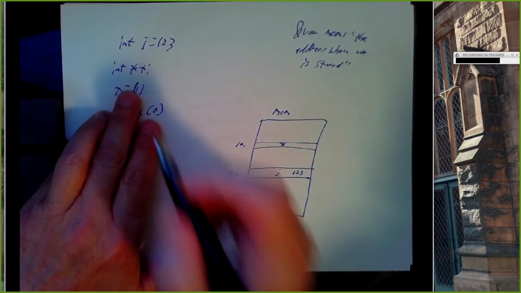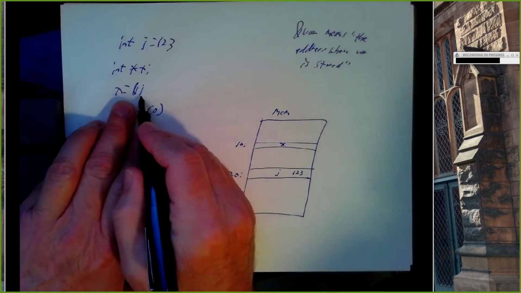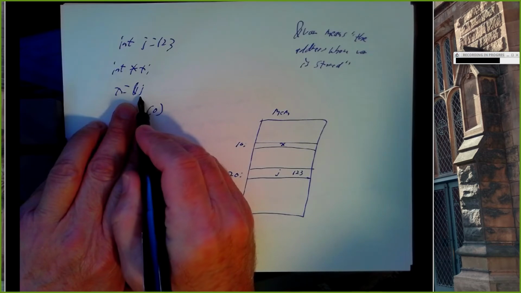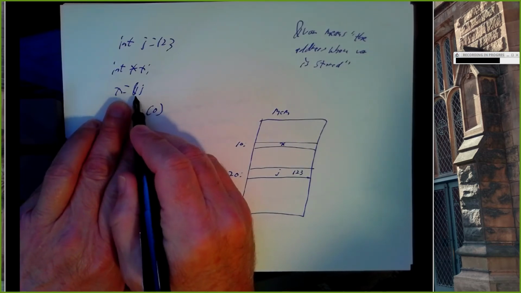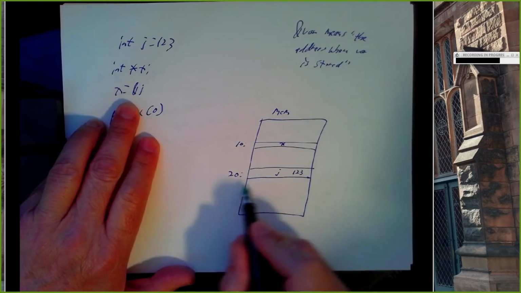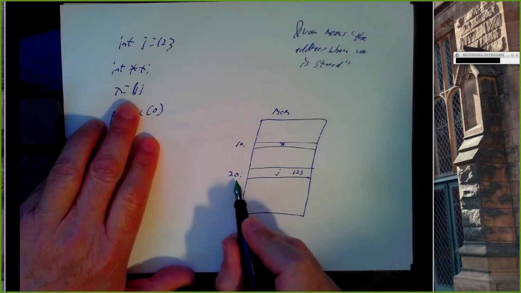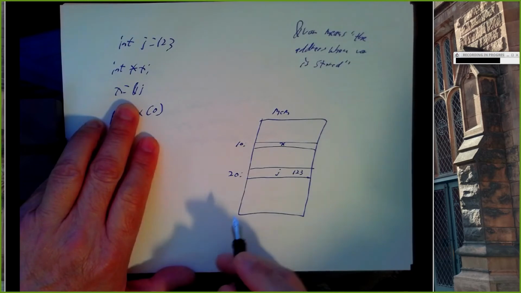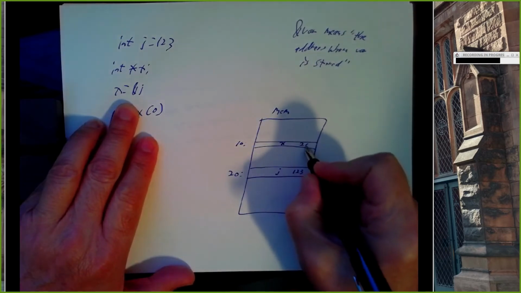All right, but then here we say x equals ampersand j. So what does the code do at this point? Ampersand j says, let's find the address where j is stored. What's the address where j is stored? It's 20. Let's set x equal to that. So that's going to put a 20 right here.